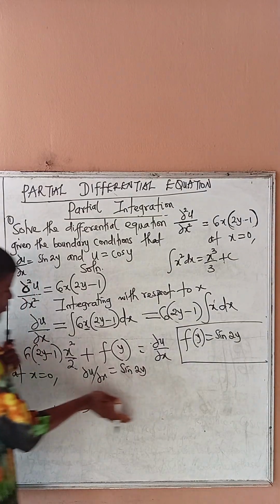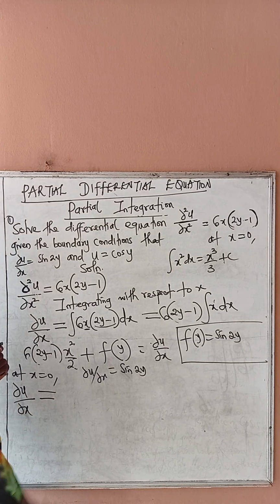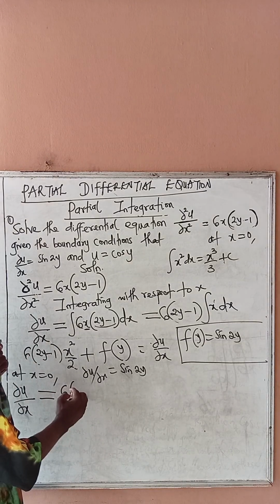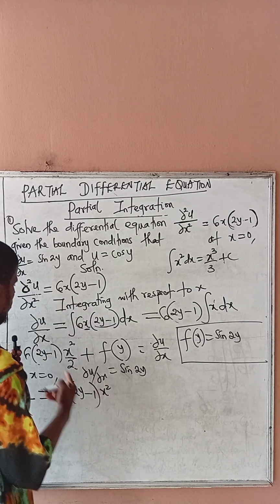This is it. I'll say partial u partial x, which is the partial derivative of u with respect to x, is equal to 6 into 2y minus 1 into x squared over 2.